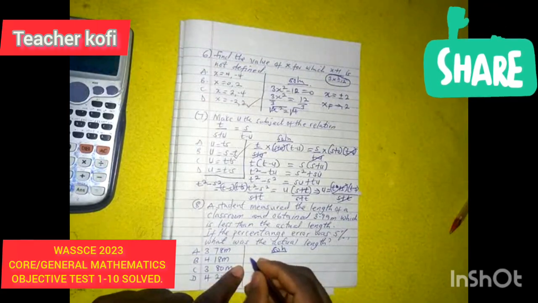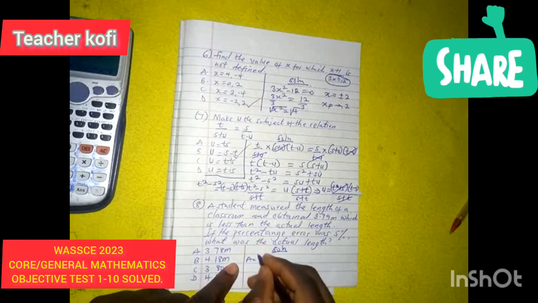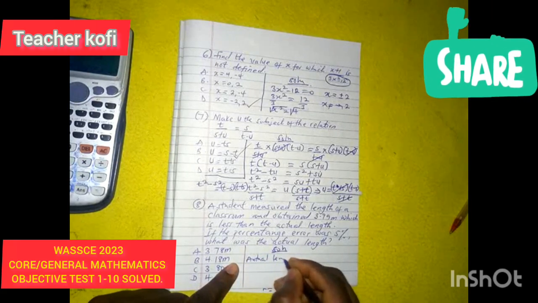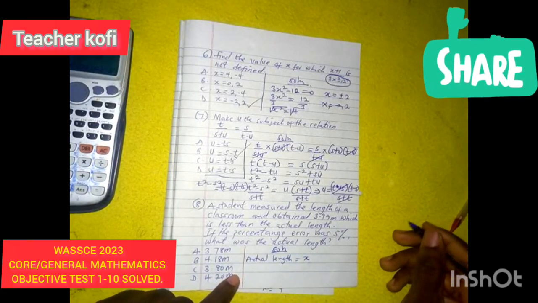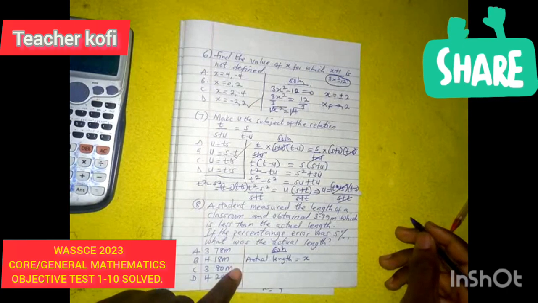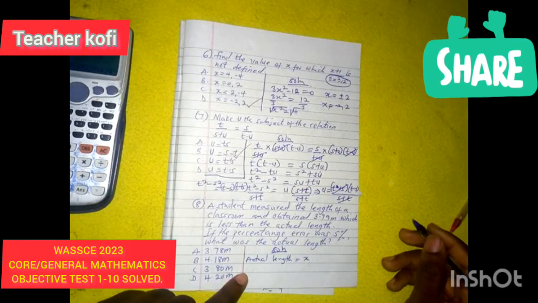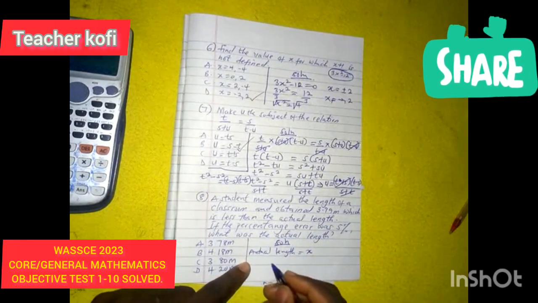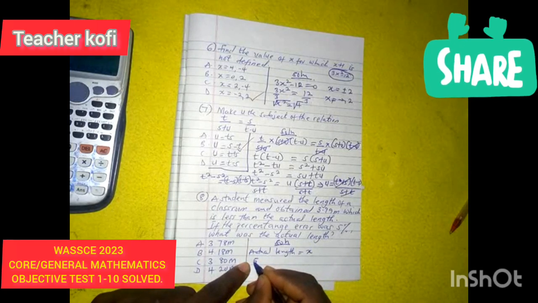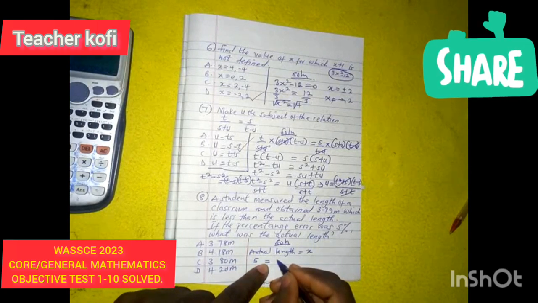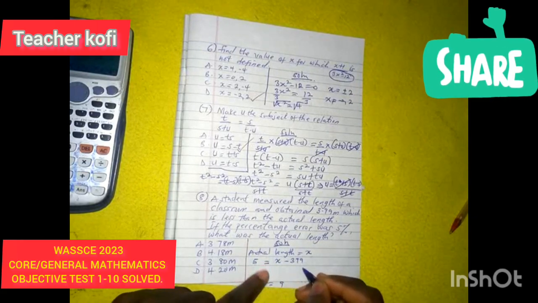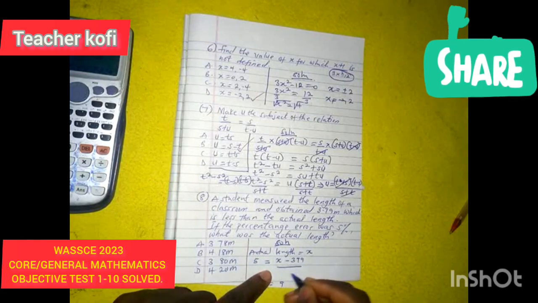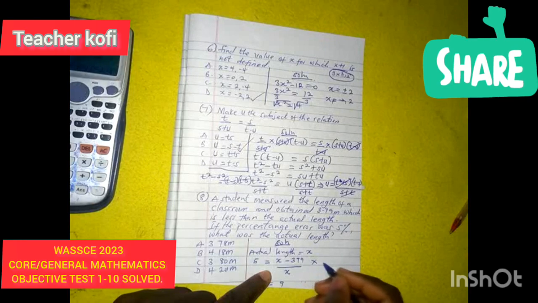Let the actual length be x. So 5 is equal to x minus 3.99 out of x times 100.